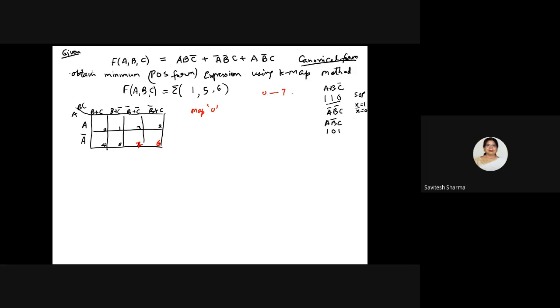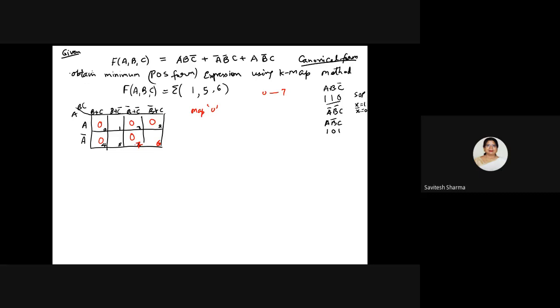What are the missing numbers here? 0 is missing, so you will map 0 here. 1 is there, so I will not touch 1. 2 is missing, so I will map 0. 3 is missing, I will map 0. 4 is missing, I will map 0. 5 is there, 6 is there, so I will not touch them. 7 is not there, so I will map 0.